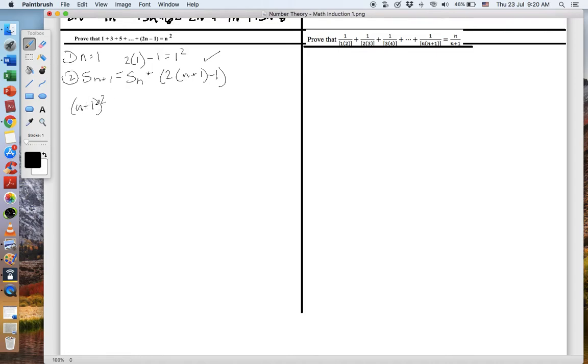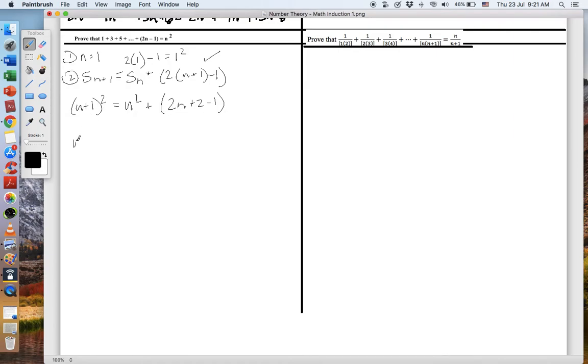So instead of n squared, we've got n plus 1 squared, and then we've got the original right-hand side. We're going to add to that this value here, which ends up being 2n plus 2 minus 1, or 2n plus 1, however you like it.